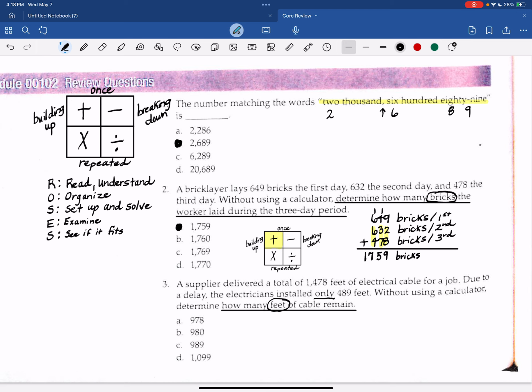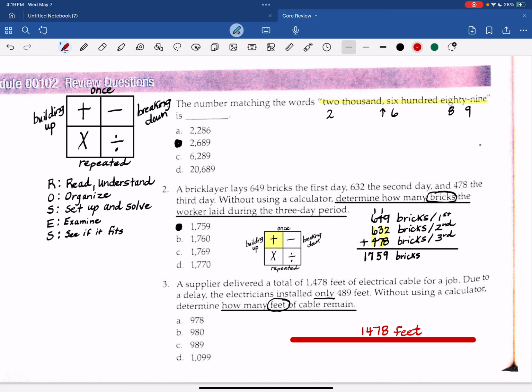Okay, when I'm ready to organize, I'm going to pull out all the numbers in the problem. I am also going to draw a picture for you on this one. If this is the cable that was delivered, we know that that is 1478 feet.